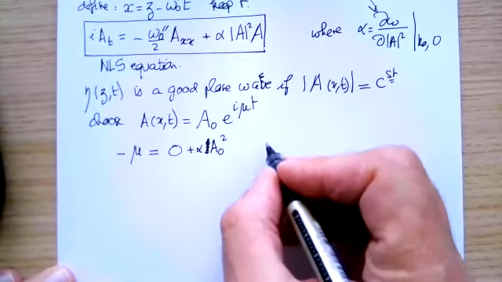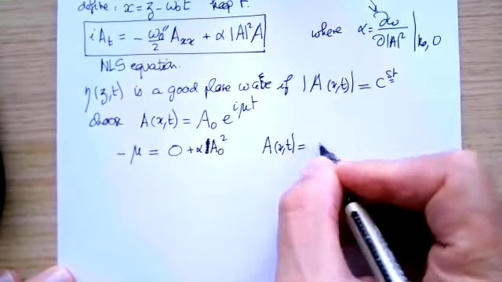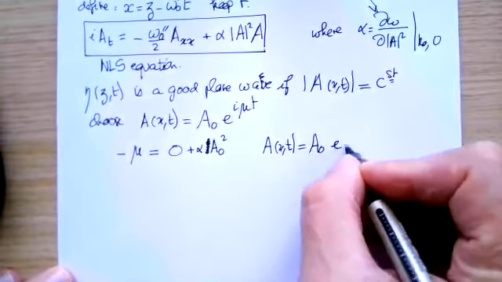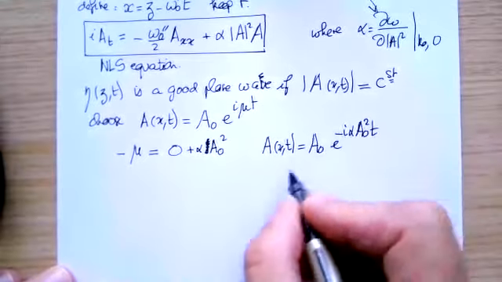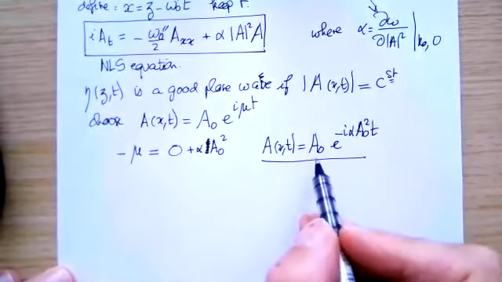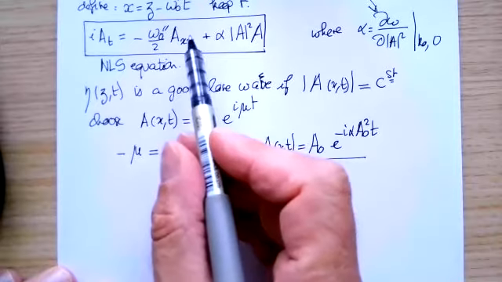So it means that A(x,t) is just of the form A naught exponential minus i alpha A naught square t. So this is a constant amplitude solution of NLS.